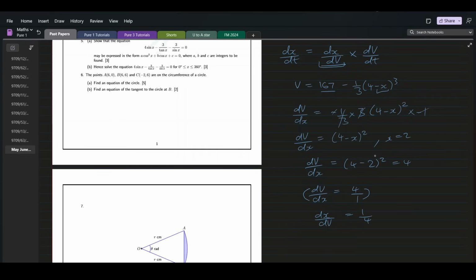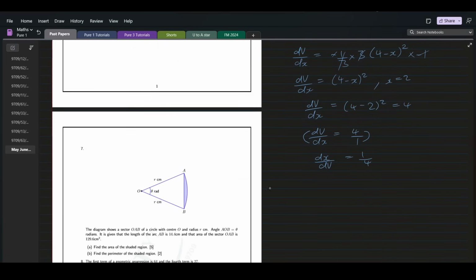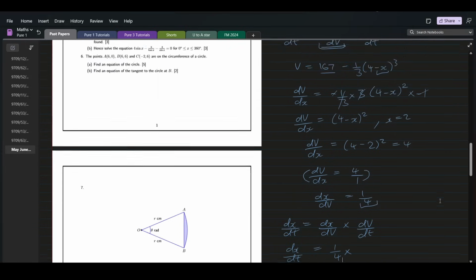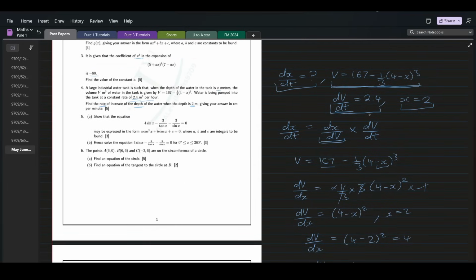And now that we have dx/dV, we can go back to our chain rule and substitute. So our chain rule is dx/dt is equal to dx/dV multiplied by dV/dt. And so dx/dt is equal to dx/dV, which is a quarter, multiplied by dV/dt. dV/dt we were given to be 2.4.